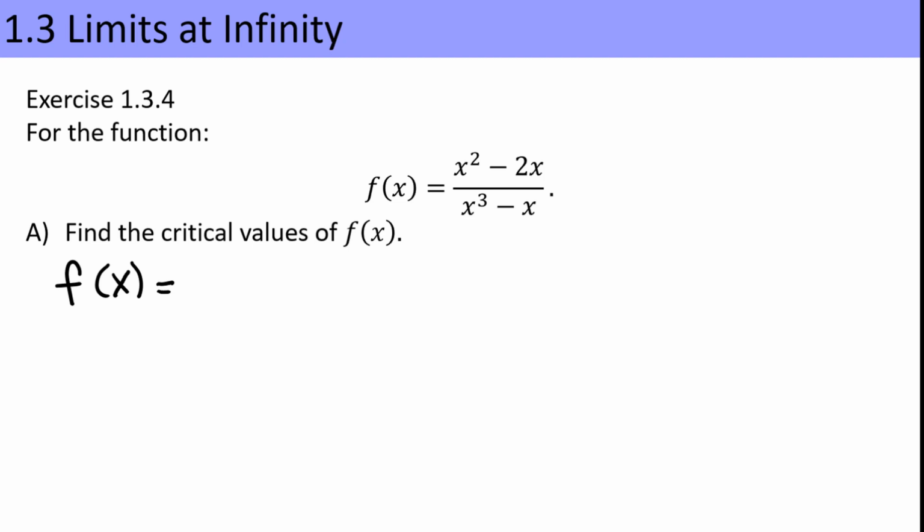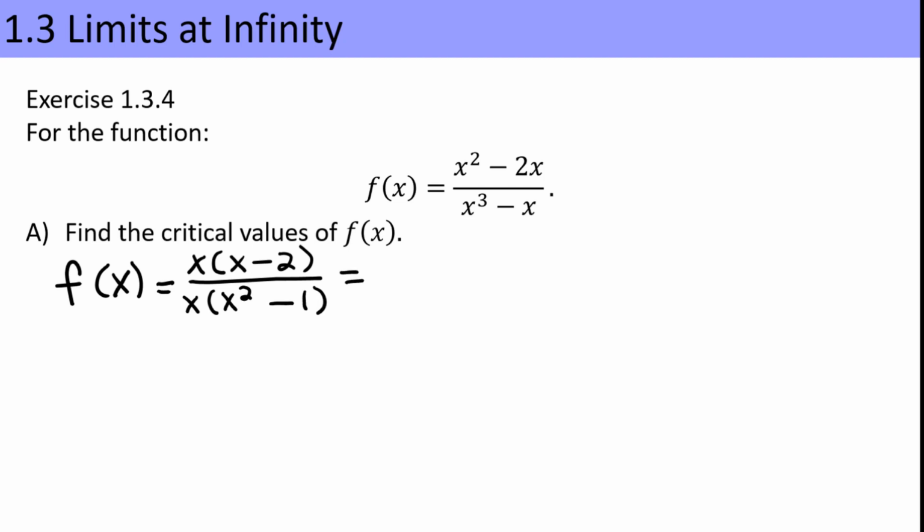X squared minus 2x has a common factor of x. We factor that out, and what remains would be x times the quantity x minus 2. Let's look at the denominator. X cubed minus x has a common factor of x. So we can factor out the x, and what remains would be x squared minus 1.